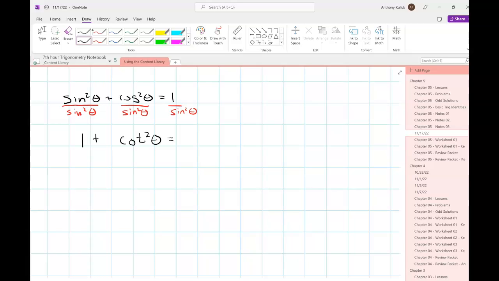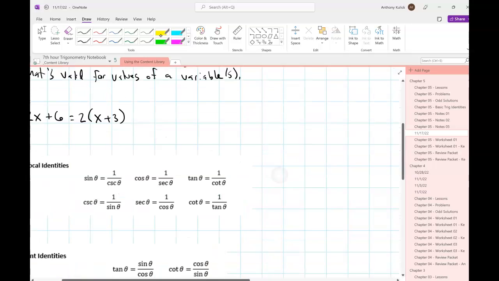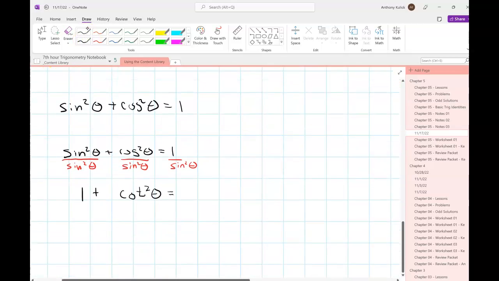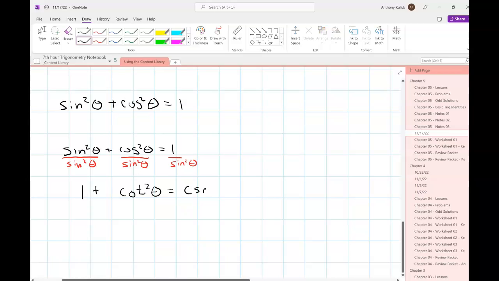And what is 1 over sine squared theta going to be? Well, if I go back and I look, 1 over sine is cosecant. So 1 over sine squared is going to be cosecant squared. Very good. That's another Pythagorean identity.